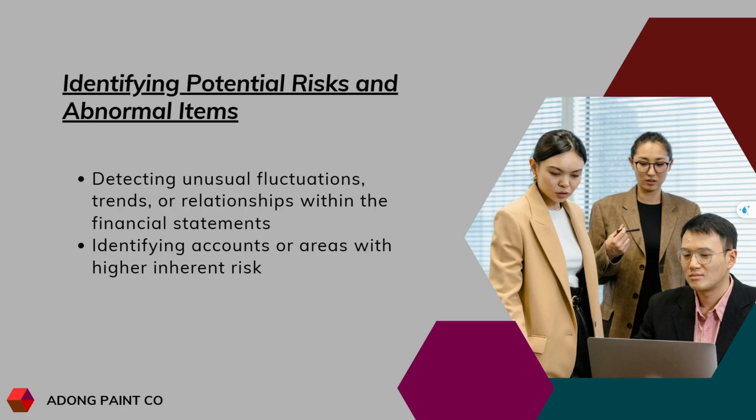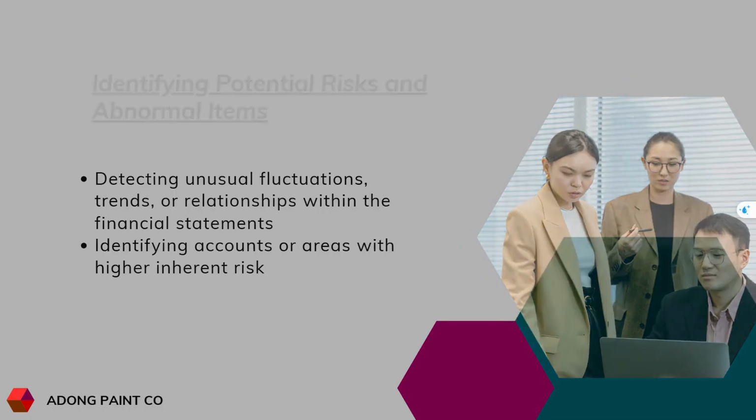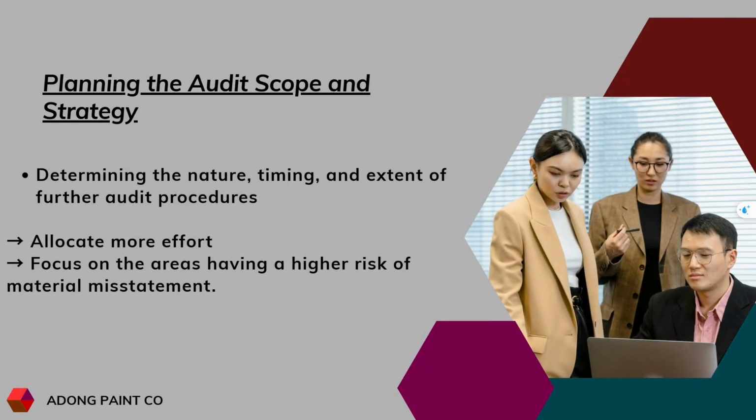IAP helps the auditor identify accounts or areas with higher inherent risk and determine where additional audit attention or substantive procedures are required. The last meaning for the auditor is planning the audit scope and strategy.